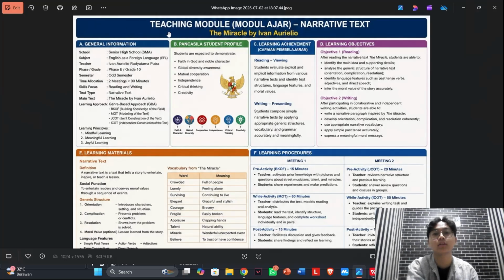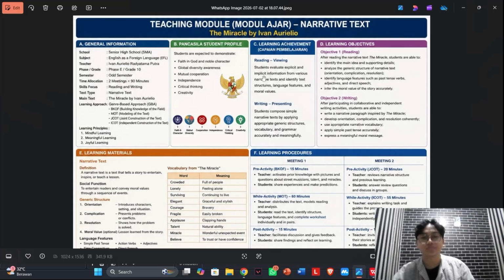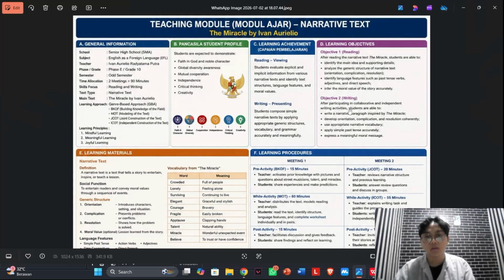This is my simple lesson plan, the teaching module, made with the Merdeka curriculum. There is general information, then the Pancasila student profile: faith in God and noble character, and then learning achievement and learning objectives.